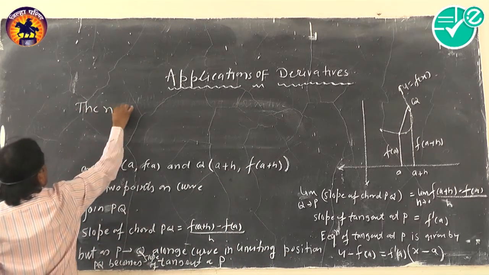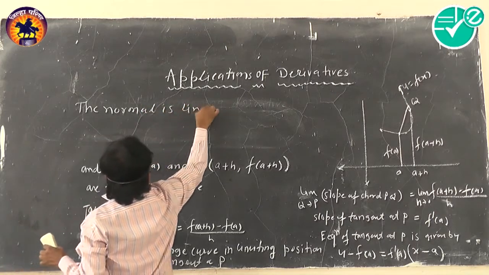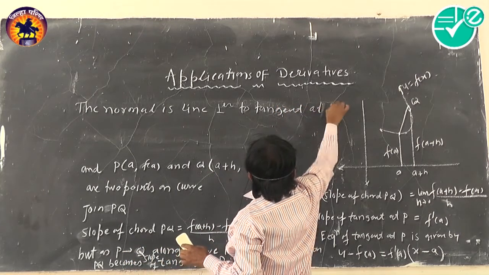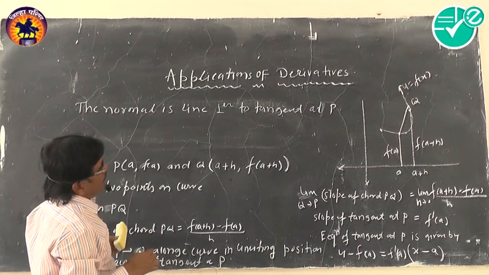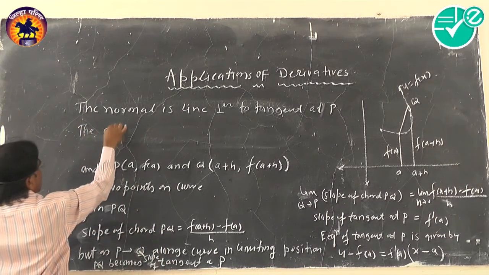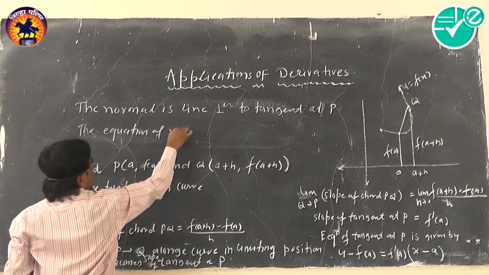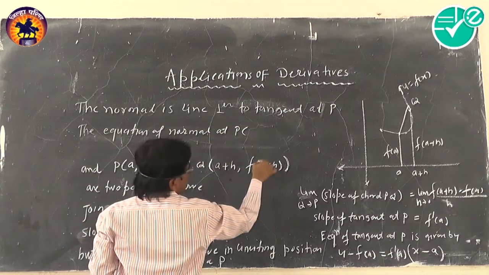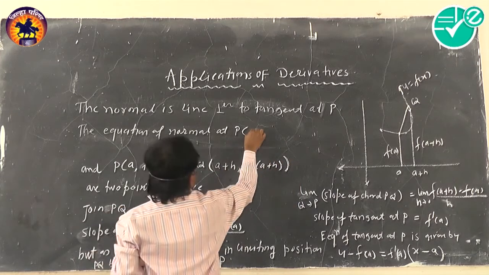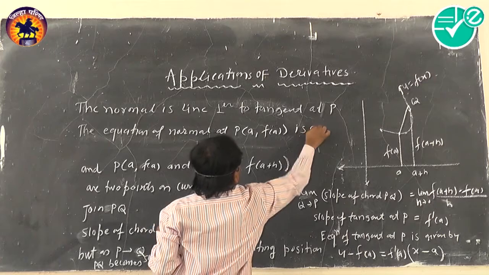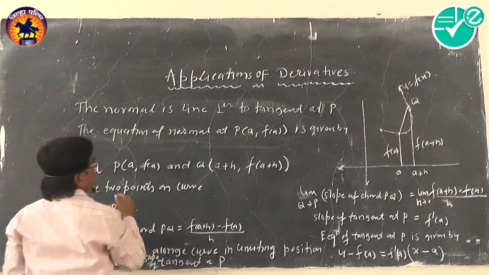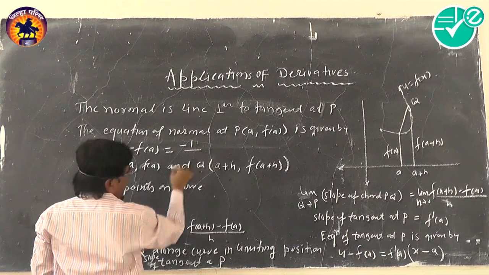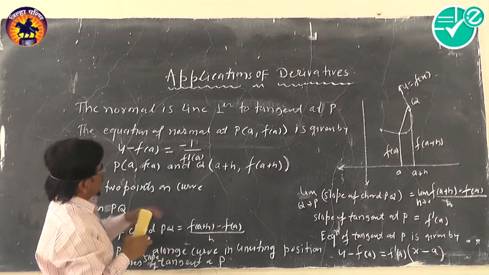Therefore, the equation of normal is as follows. The normal is the line perpendicular to the tangent at P. Therefore, the equation of normal at P(A, f(A)) is given by y minus f of A is equal to minus 1 upon f dash of A. This is nothing but the slope of normal.